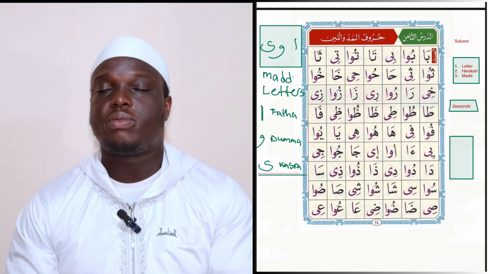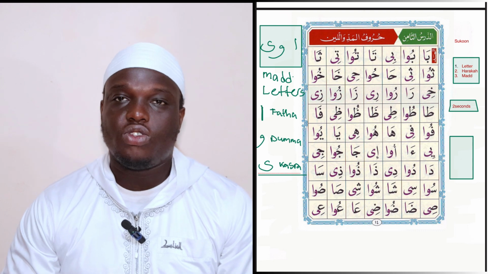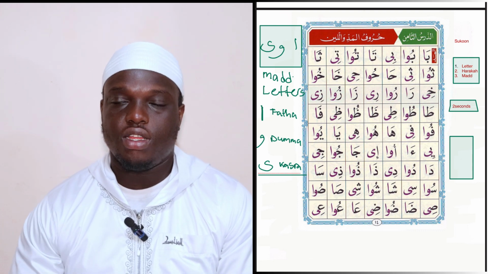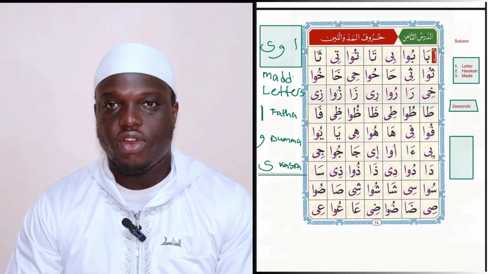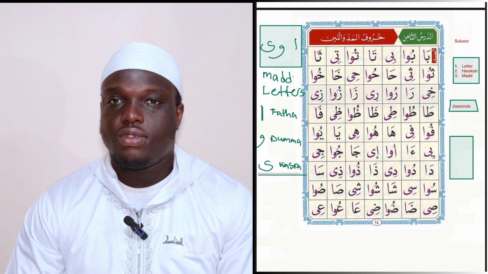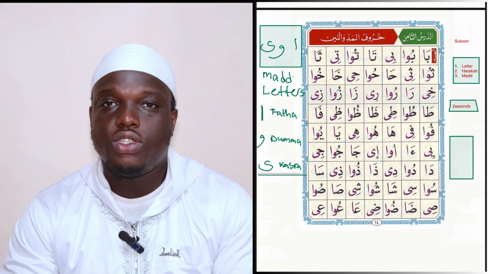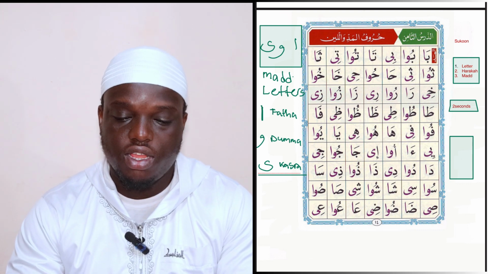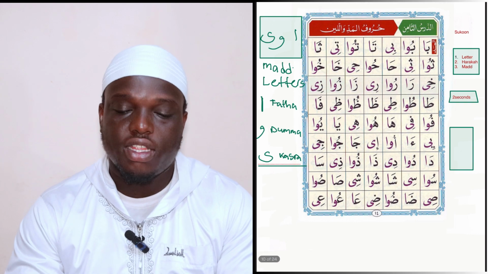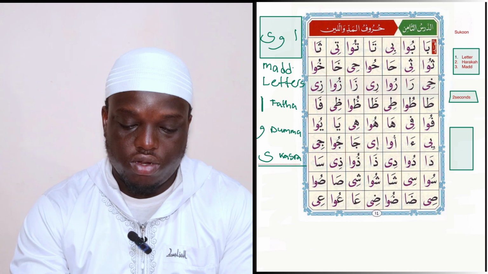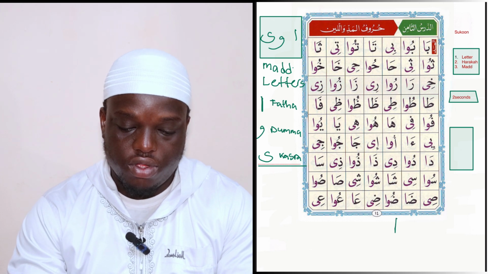Remember, we mentioned in lesson 2 how there are some letters you cannot connect in front of them. Ra is part of those letters. We have 6 letters that you cannot connect in front of.